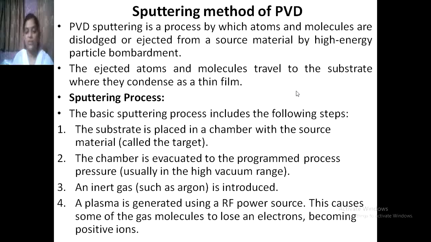This causes some of the gas molecules to lose an electron, becoming positive ions. So these are the sputtering process steps.